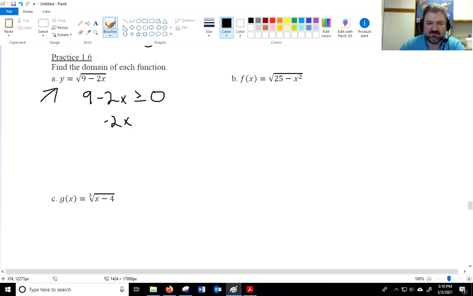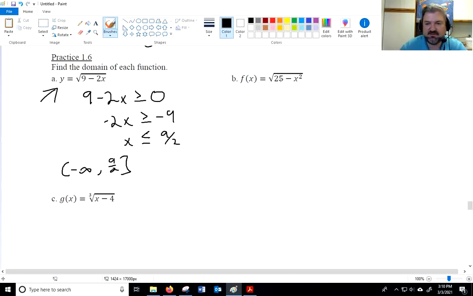And I get -2x is greater than or equal to -9. So x, when I divide by -2, I flip the sign, is less than or equal to 9/2. So that's the domain, -infinity to 9/2.